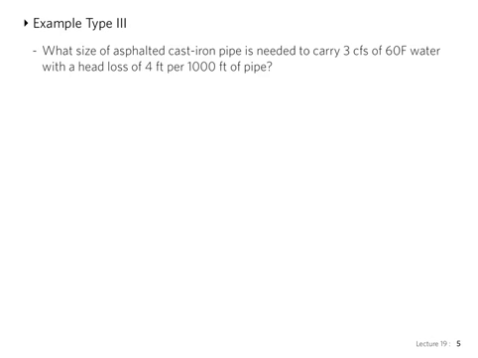You have to decide on the diameter of a pipe, which is going to be asphalted cast iron pipe, which is needed to carry 3 cubic feet per second for whatever application you require that amount of water, at 60 degrees Fahrenheit, so you can get your viscosity, and with a head loss of 4 feet per 1,000 feet of length.